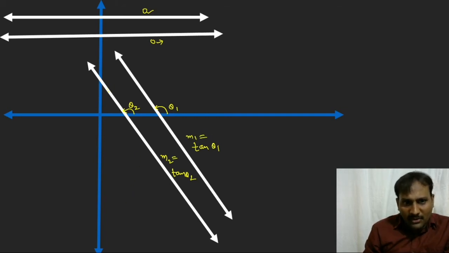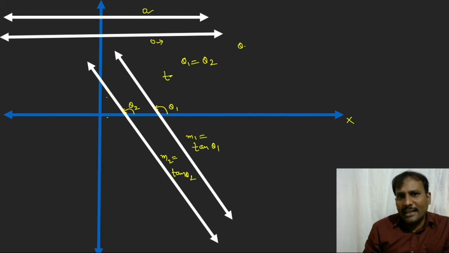Now if you observe, these two are parallel lines, and the x-axis is working as a transversal. So can I say that clearly theta 1 is equal to theta 2 because these two are corresponding angles? Then can I say tan theta 1 is equal to tan theta 2? Yes. Then can I say M1 is equal to M2?